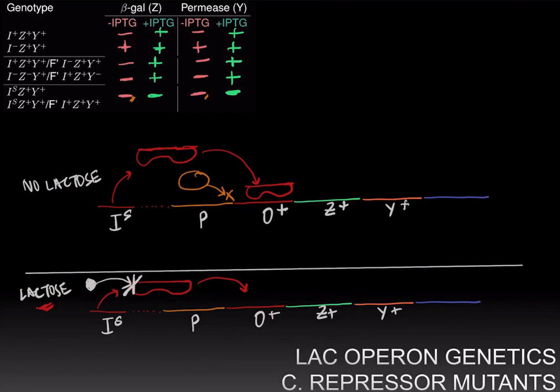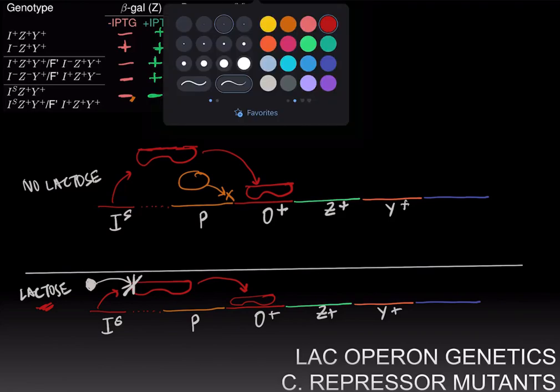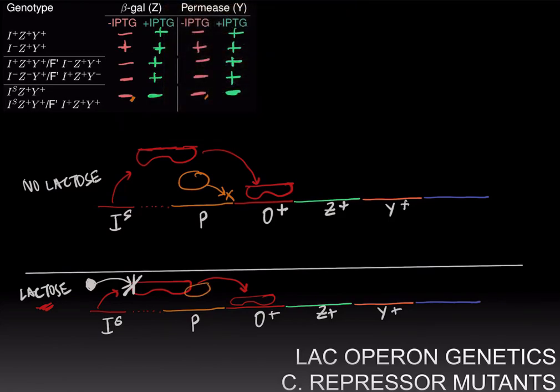And so the repressor made by IS will bind the operator sequence even though lactose is present, preventing polymerase from binding to the promoter and elongating, and that is what results in no beta gal or permease expression even though lactose is present.